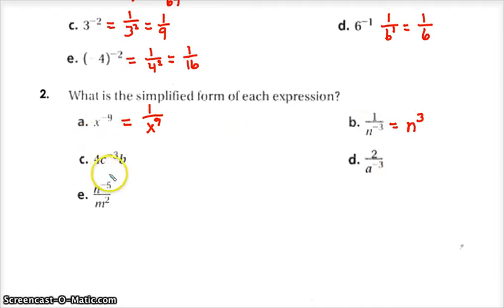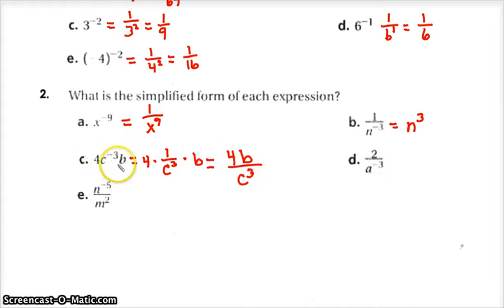In part C, since I have multiplication, I treat each one of these terms independently. So if I rewrite this, this is 4 times 1 over c to the third power times b. If I rewrite this all together, I have 4b in the numerator, and I've got c to the third in the denominator.